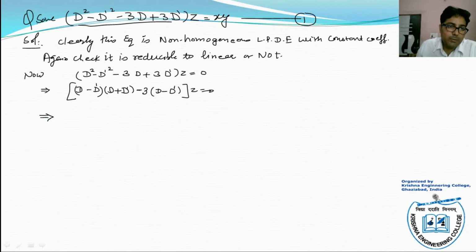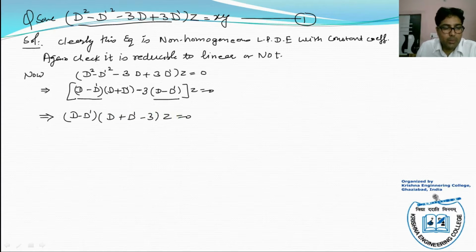Take (D minus D') common throughout, so this becomes (D minus D')(D plus D' minus 3)z is equal to 0. So it is reducible to linear factors. Clear?